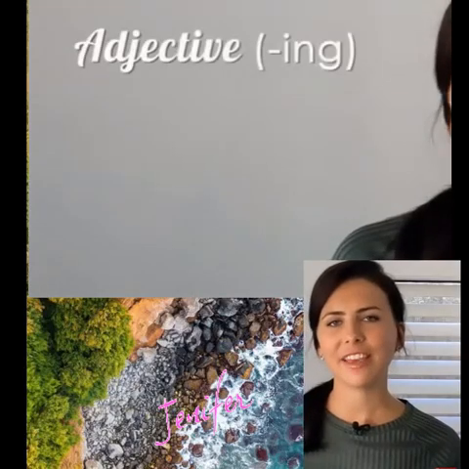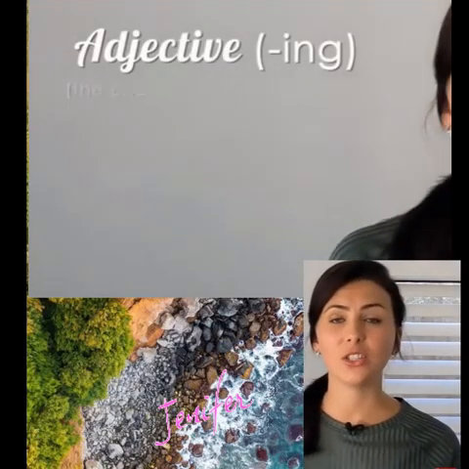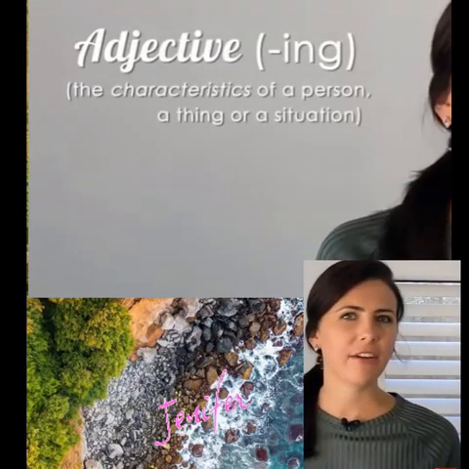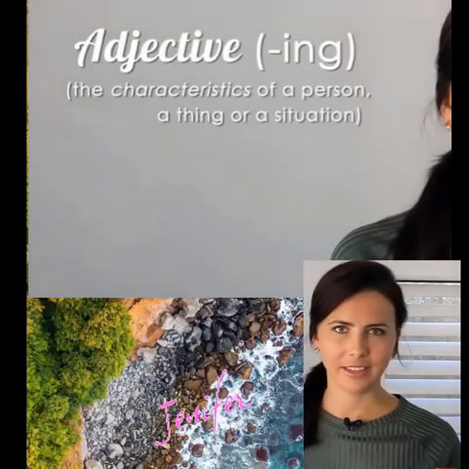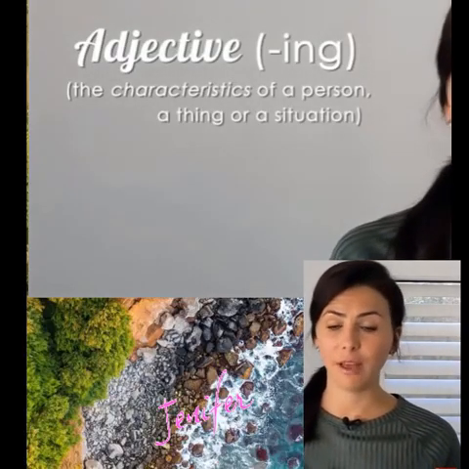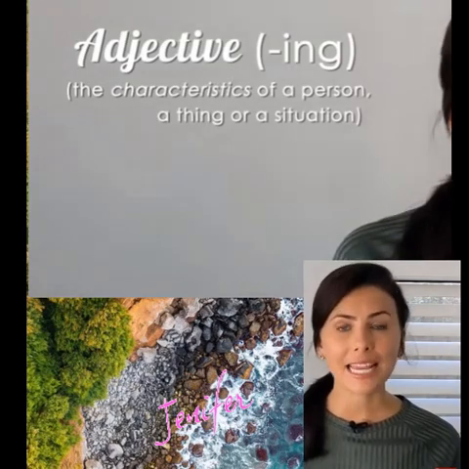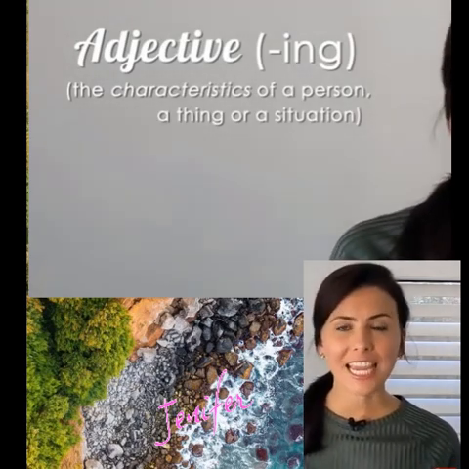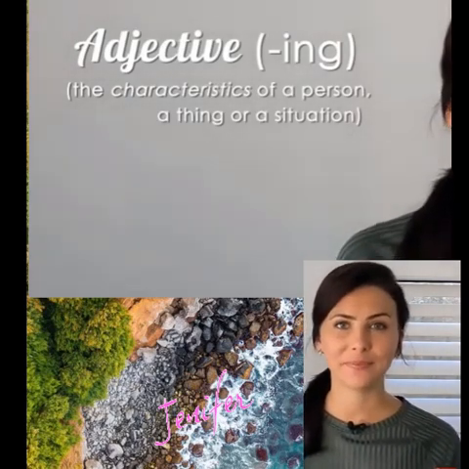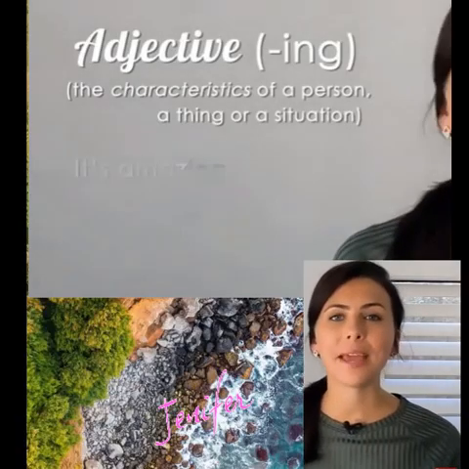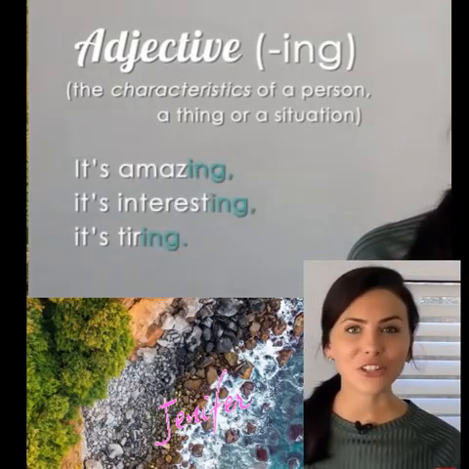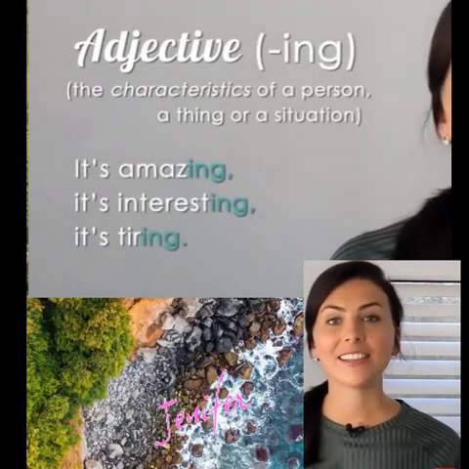An adjective that ends in ing is used to describe the characteristics of something, the characteristics of a person or a place or a thing or a situation. It's amazing. It's interesting. It's tiring.